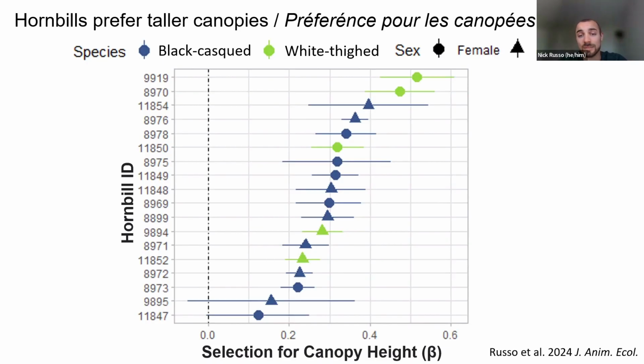And white-thighed hornbill has typically exhibited stronger selection for canopy height. There are a couple of exceptions here, including one bird that was a juvenile that dispersed from the study area and another whose home range was near the research camp, which was a little bit lower canopy height. But this was one of the main findings of our research.